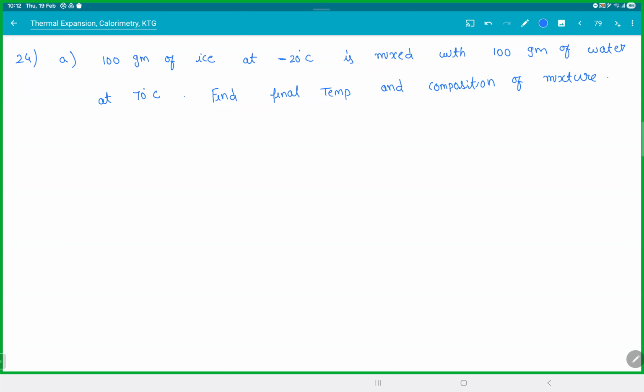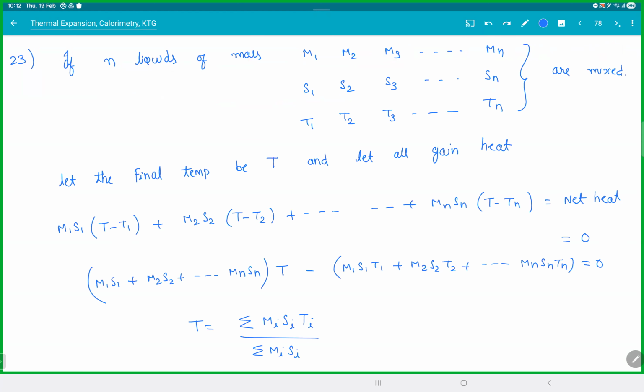This guy's okay. Let's get this. There's a B part and C part also for this. You're mixing 100 grams of ice at minus 20 with 100 grams of water at 70. When you mix them, how do you get the final temperature? Now, this is important. You can't use the previous formula. In the previous formula, there was no phase change.